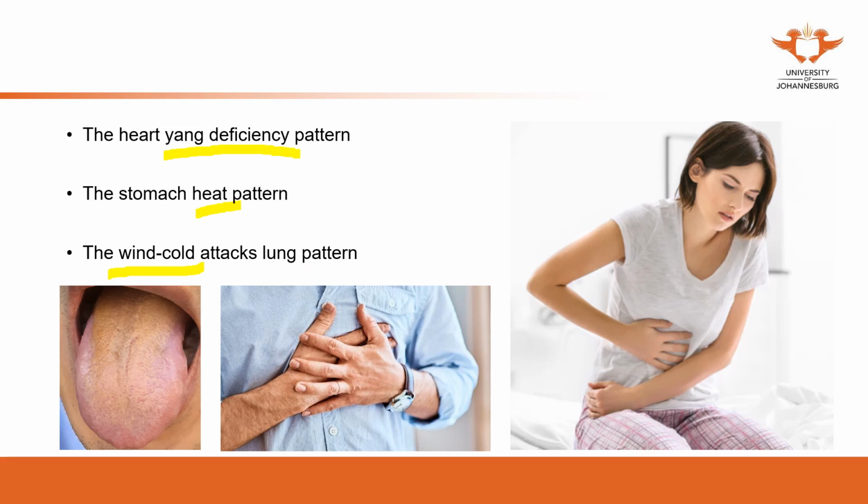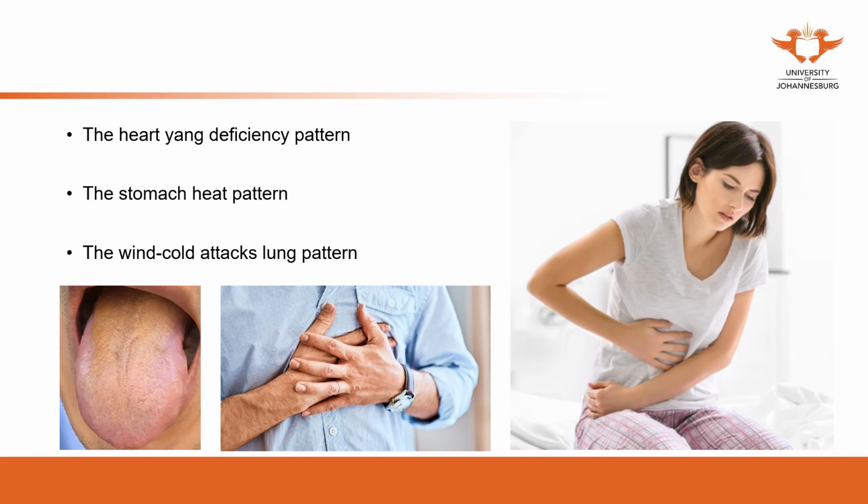These two are the main aspects that we differentiate. In syndrome differentiation, we want to differentiate the location of the disease and the nature of the disease.